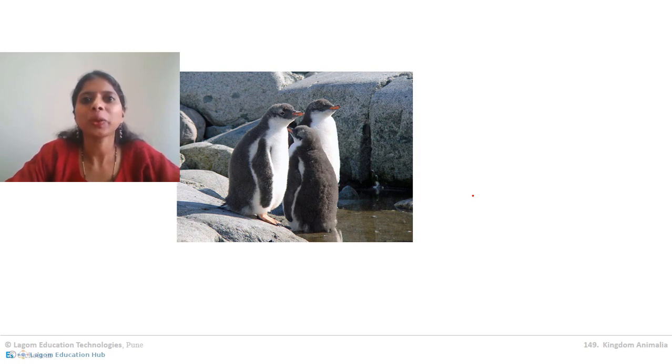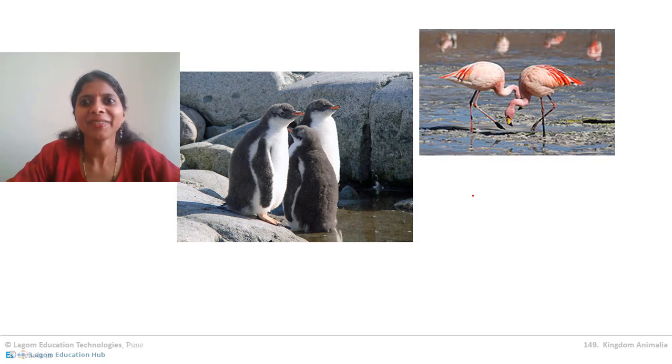Its body is totally modified for the purpose of swimming rather than flying. Then next, these birds are called flamingos, whose bodies are well modified for flying, and they fly a very long distance. These are birds very well known for their migration.